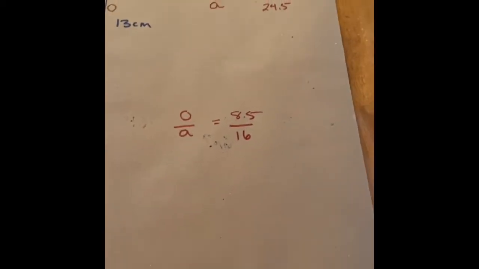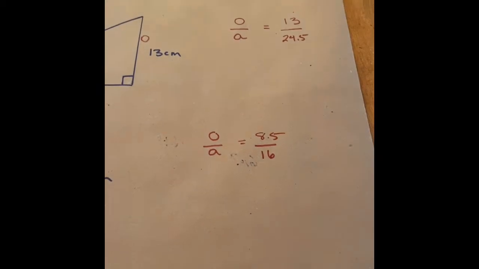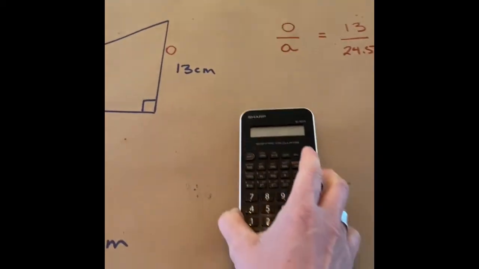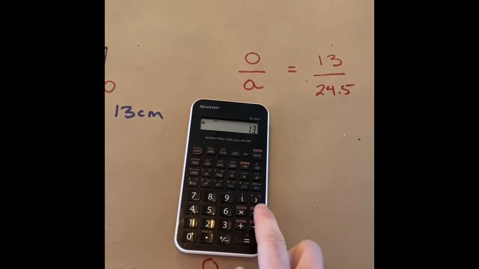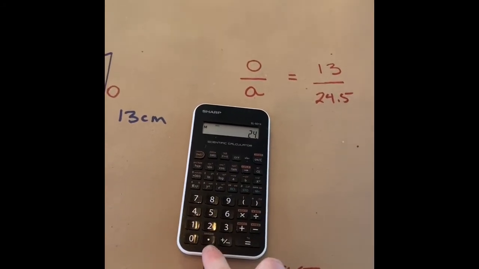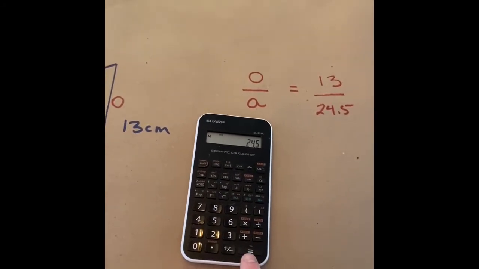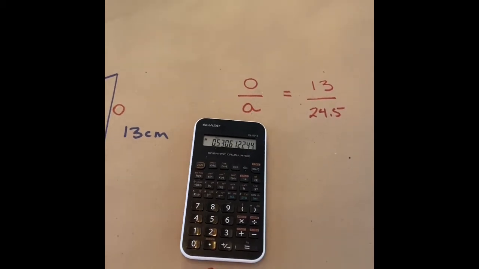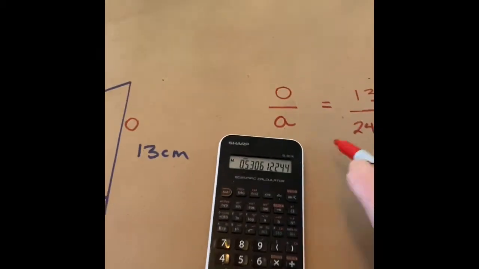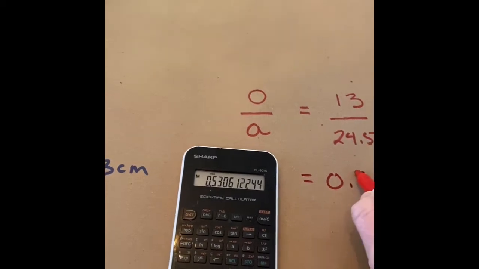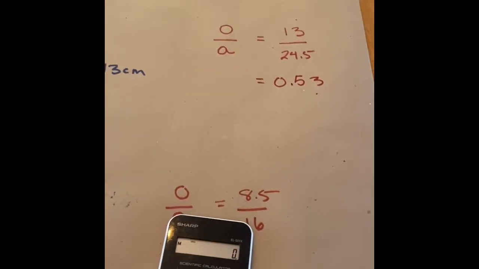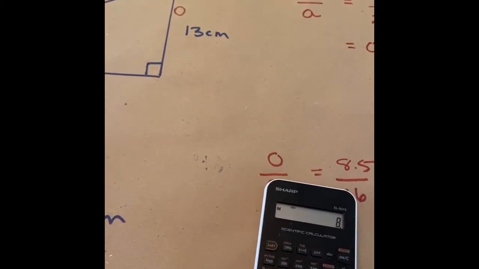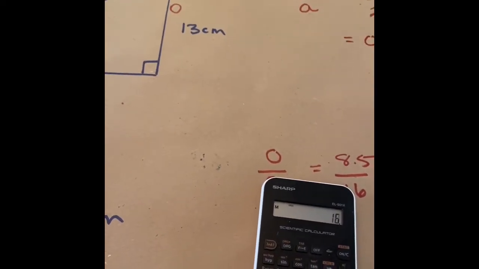And we're going to change all of these fractions into decimals so that we can compare them. So we have 13 divided by 24.5, and we'll keep only 2 decimals. That gives me 0.53. And then the next one, 8.5 divided by 16.